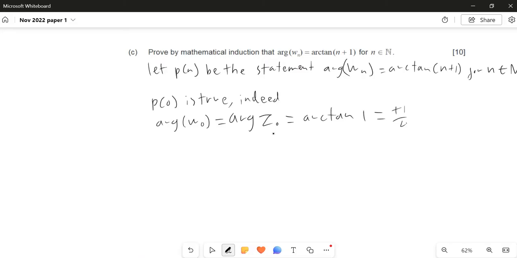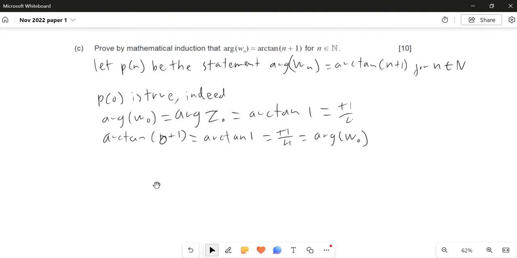And then arctan of n plus 1, which is 0 plus 1, is equal to arctan 1, equals pi over 4, which equals arg W0.